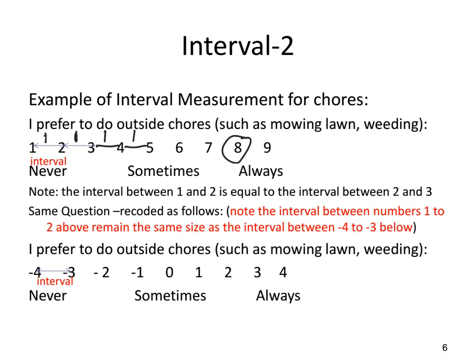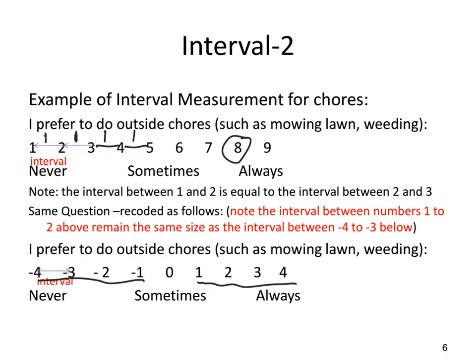Now, we could also recode the question, and what we could do is go ahead and turn 5 into 0, and then everything that was above 5 would mean that you preferred to do things such as mowing the lawn and weeding. And then any score that was below would mean that you did not prefer to do a chore such as mowing the lawn or weeding.